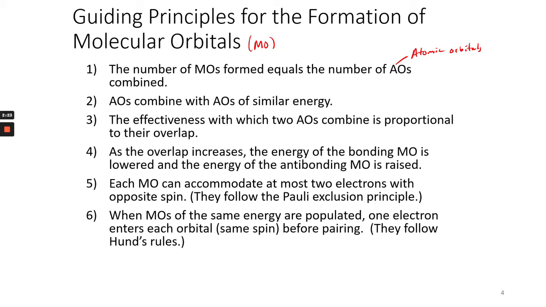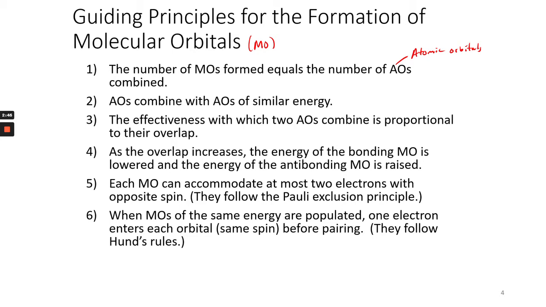Atomic orbitals combine with atomic orbitals of similar energy. And how well the 2 combine is proportional to how well they overlap. If they overlap very well, then they're going to combine very well. As the overlap increases, the energy of the bonding molecular orbital is lower.